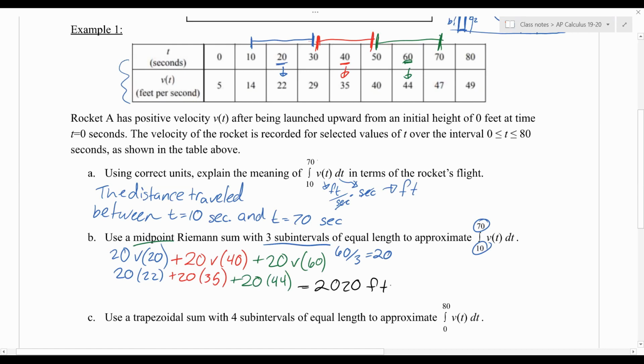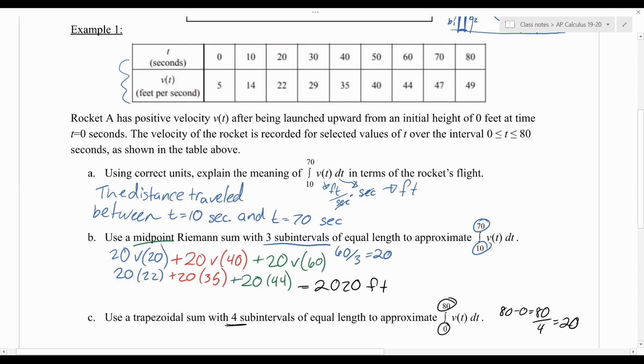Now let's use a trapezoidal sum with 4 subintervals of equal length to approximate the integral from 0 to 80 of v of t dt. Well, here, my boundaries are 80 and 0. So 80 minus 0 is 80. 4 subintervals, so divide by 4, and I still get 20.